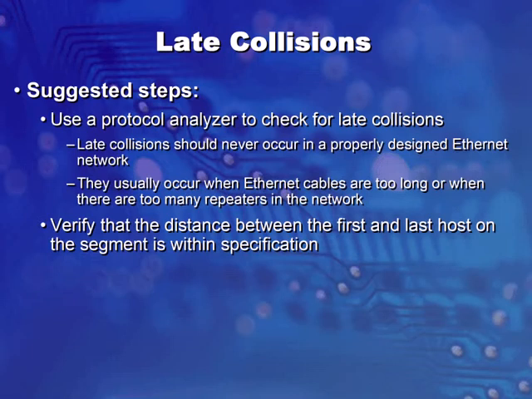So you need to verify that the distance between the host and the endpoint, and the actual switch port, isn't above 100 meters in the case of 10BaseT or 100BaseT cables. Check what type of fiber it is if you want to discover which type of fiber runs you're running and the lengths there. Again, we have that in the previous slides, so you can double check those values. But late collisions are only going to show up in those scenarios, and really it has simply to do with the fact that you have cable runs that are too long.